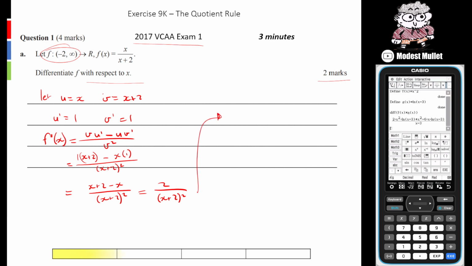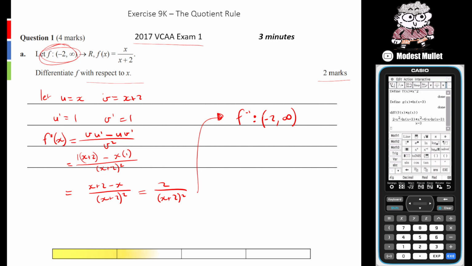Now, just because there was a domain given from -2 onwards, I'm going to also use that domain. So I'm going to say the answer, the derivative from -2, because our derivative should have the same domain as it's over the same x values.